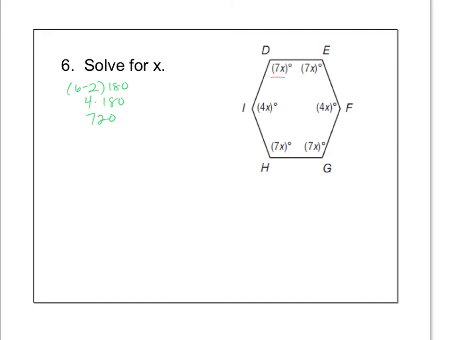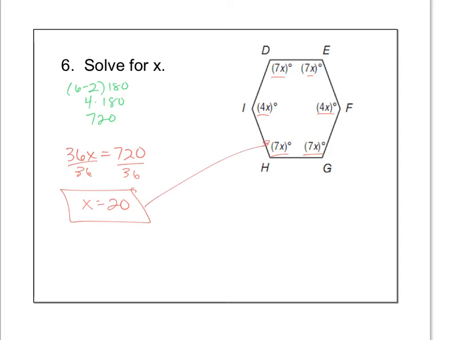Now, if you add 7x, 4x, 7x, 7x, 4x, 7x, that is 36x, and it has to add up to 720. So divide both sides by 36, and x equals 20. And we're done. Sometimes, watch on the quiz, maybe it'll say find the measure of angle H or something like that, and you would have to plug in the 20, wherever it's asking for.